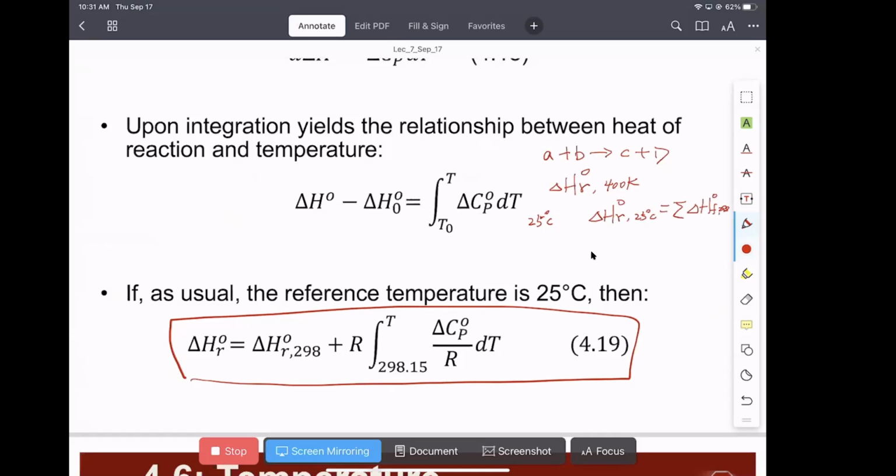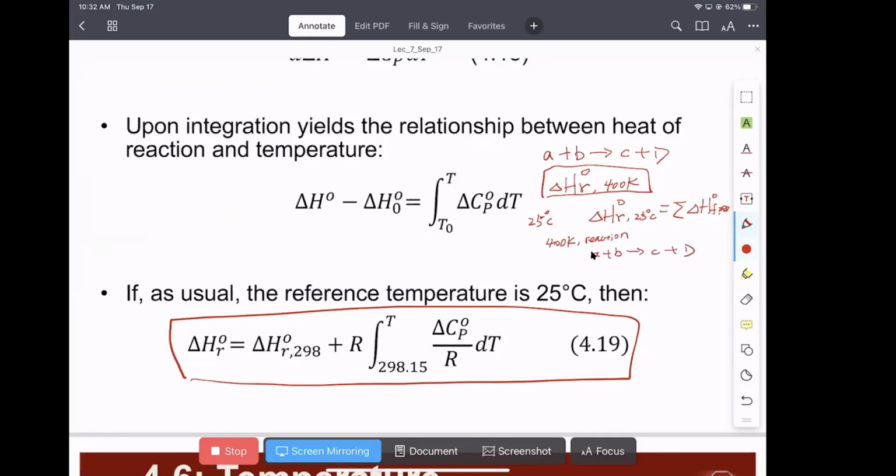Once I figure that out, then I know the actual process is happening at 400 K. So this is a 400 K reaction, with A, B, C, and D.